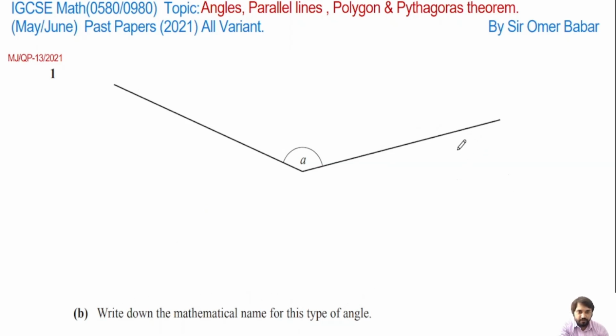I have told you earlier in my previous videos, basically there are 3 types of angle. Number 1, we have the acute angle. Let's say we have angle notation theta greater than 0 degrees, less than 90 degrees, then that angle is called an acute angle. Number 2 is the obtuse angle.